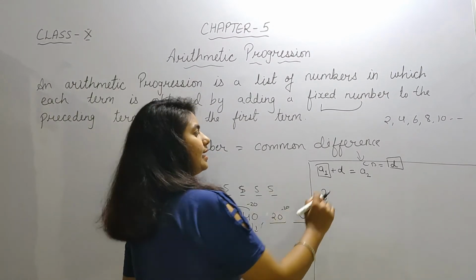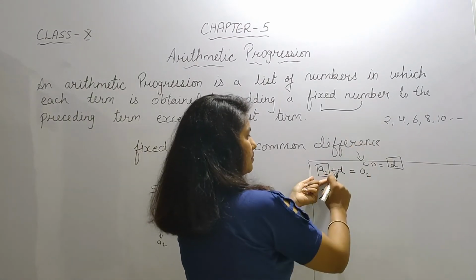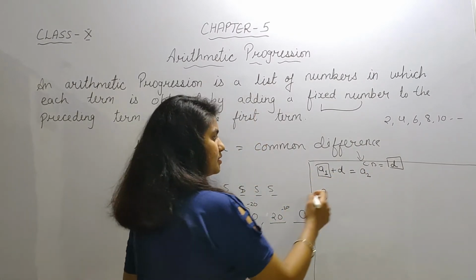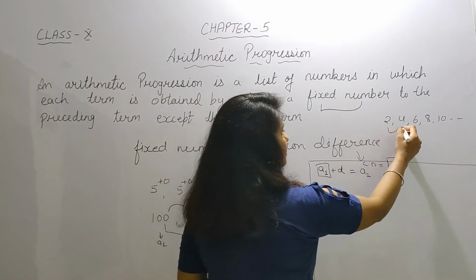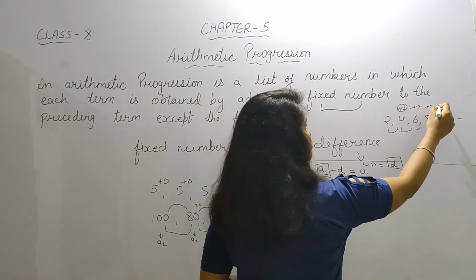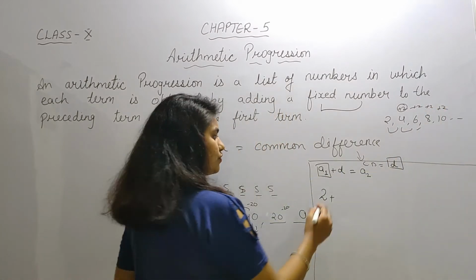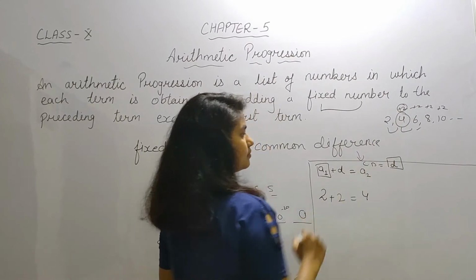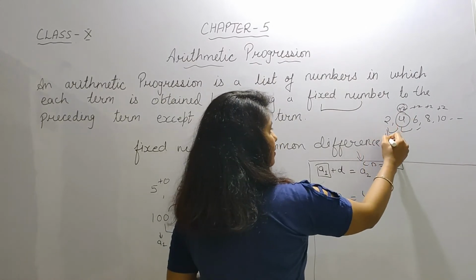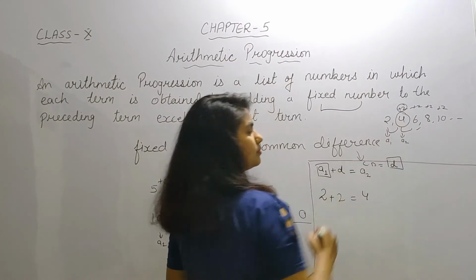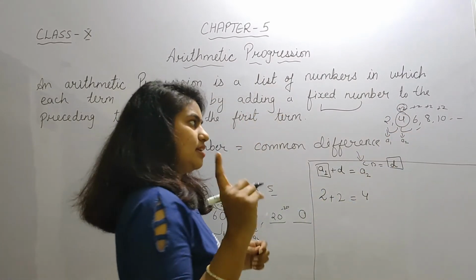So if I add 2 to the first term, I get the next term, which is 4. This means if this is A1, by adding the common difference I got A2, right?